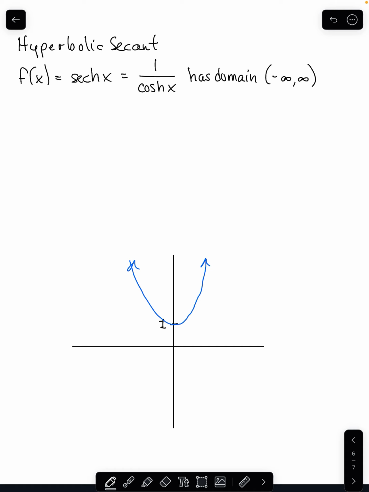Now, hyperbolic cosine, as we can see here, is restricted to an output value, or to an interval of outputs, that is bigger than or equal to 1. Going back to what we talked about with reciprocals, if hyperbolic cosine is always positive, hyperbolic secant will also always be positive. But if hyperbolic cosine is always bigger than 1, then hyperbolic secant will always be smaller than 1, but still positive.